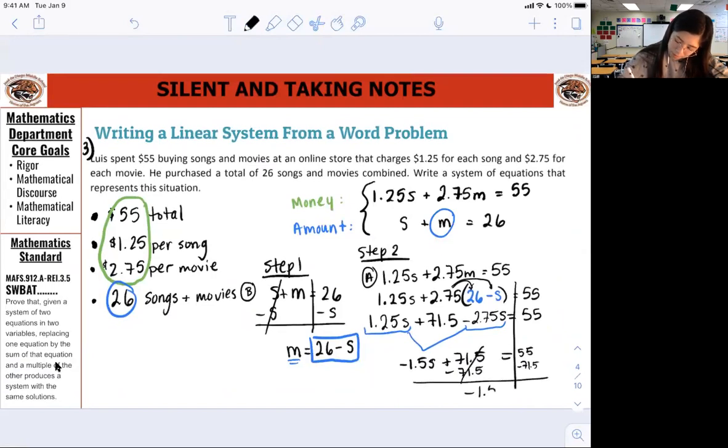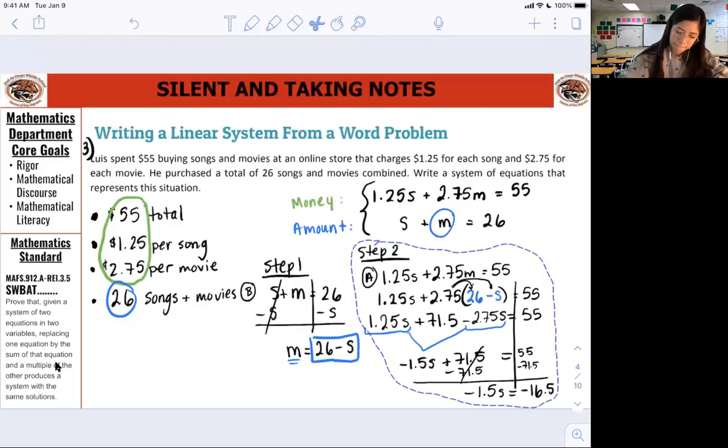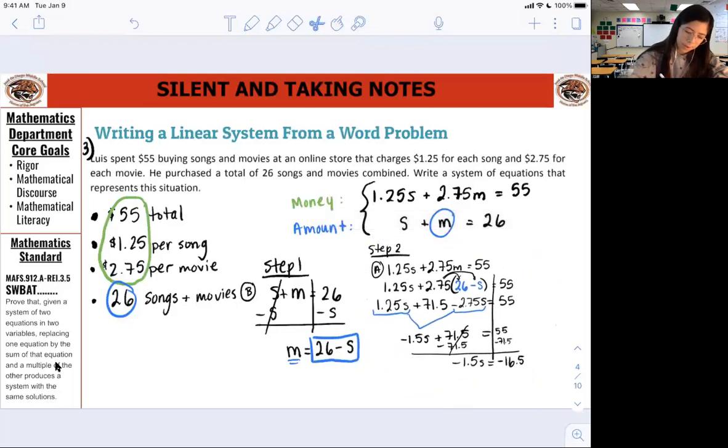Negative 16.5. What should I do to both sides now? Divide by negative 1.5. Good. What does S equal? Positive 11.